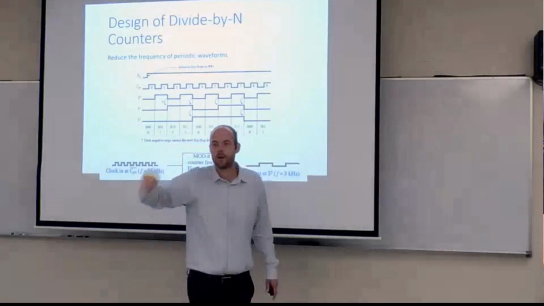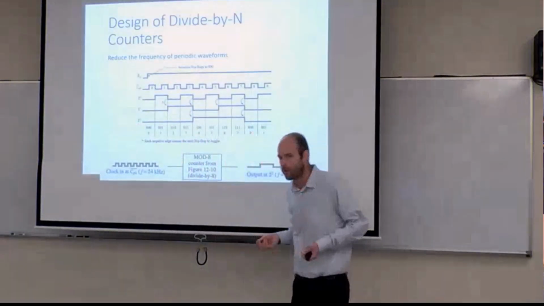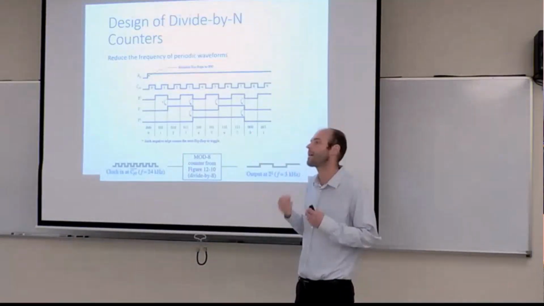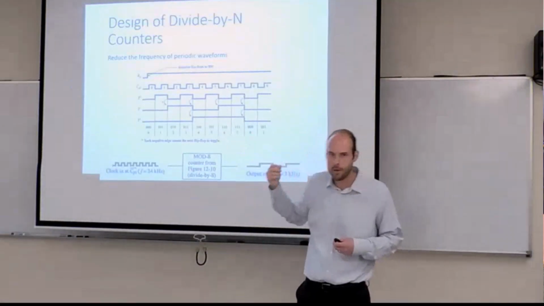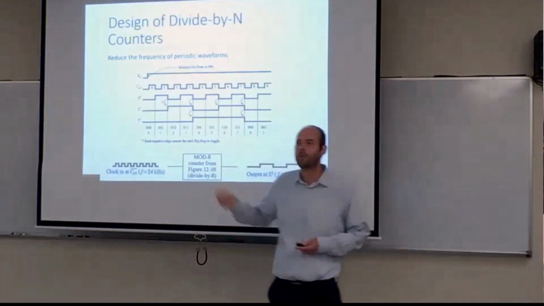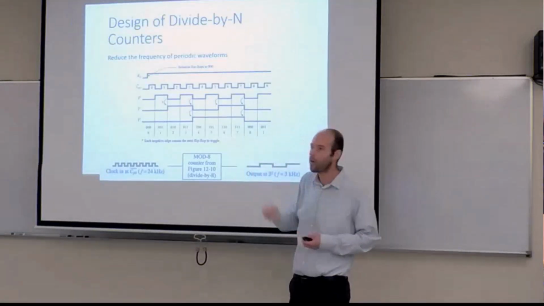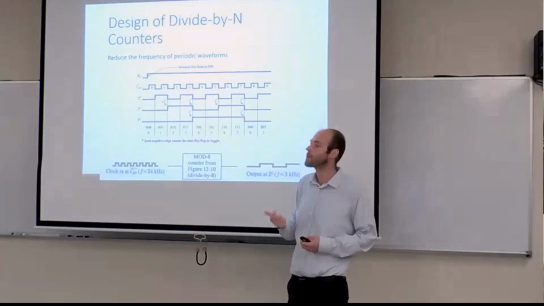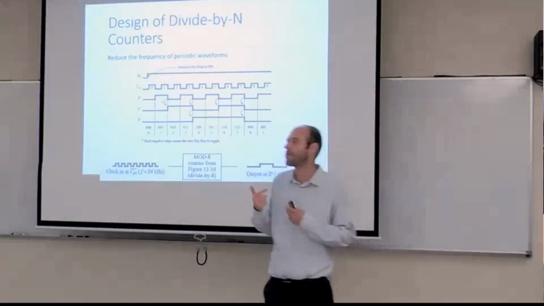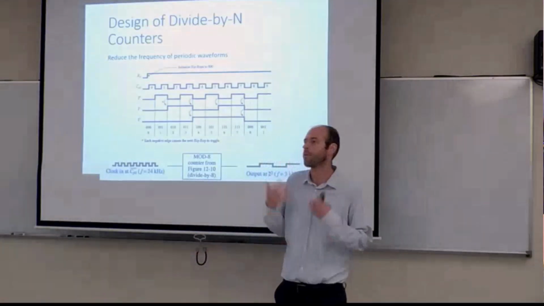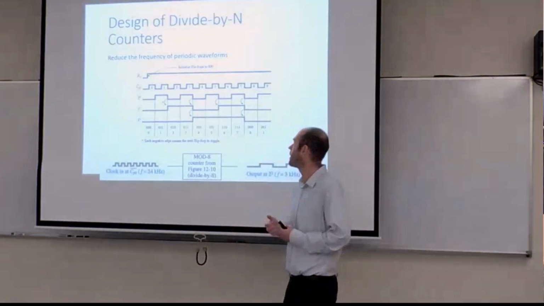Okay? So if you have a microcontroller system that has a 16 megahertz clock like you had on your Arduino Mega boards, and you want to run a timer at a slower rate, we were able to turn on a prescaler to divide it by 256 or 512 or 1024.